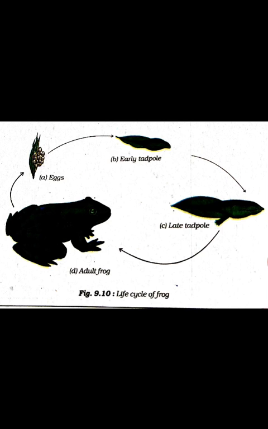So what is metamorphosis? What's the definition of metamorphosis? The transformation of the larva into an adult through drastic changes is called metamorphosis. Is that clear? Now, the second mode of reproduction, that is asexual reproduction.